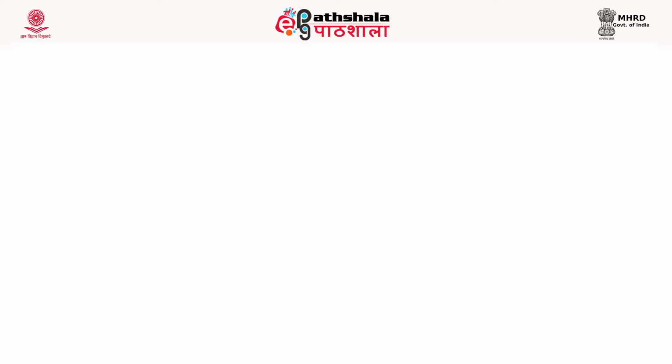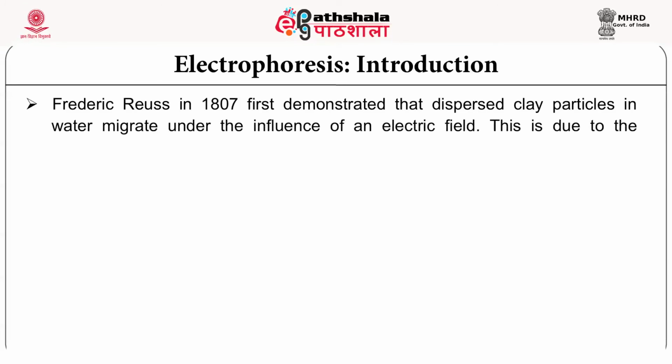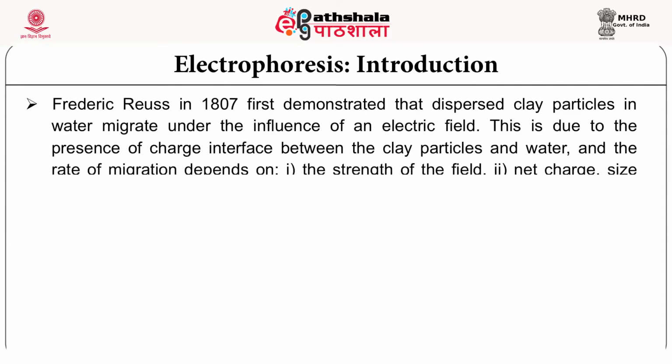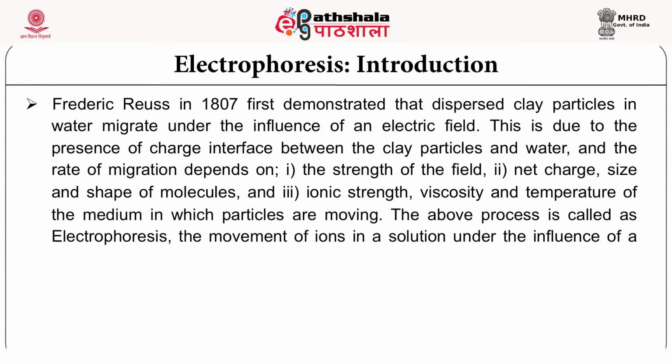We will see some of the major significant points regarding electrophoresis. Frederick Reuss in 1807 first demonstrated that dispersed clay particles in water migrate under the influence of an electric field.